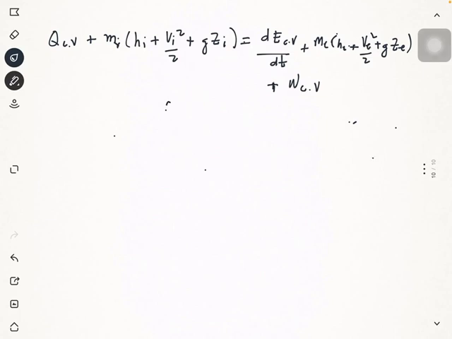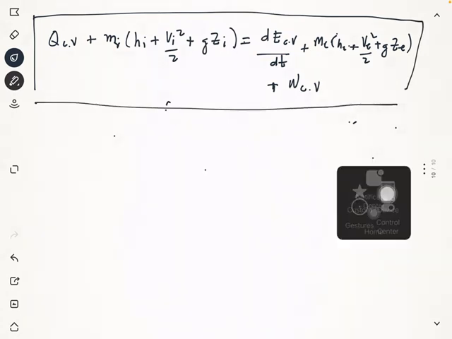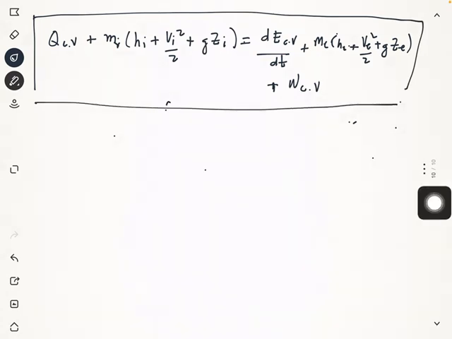Okay, so this equation is therefore our general equation of the first law. So we're done.